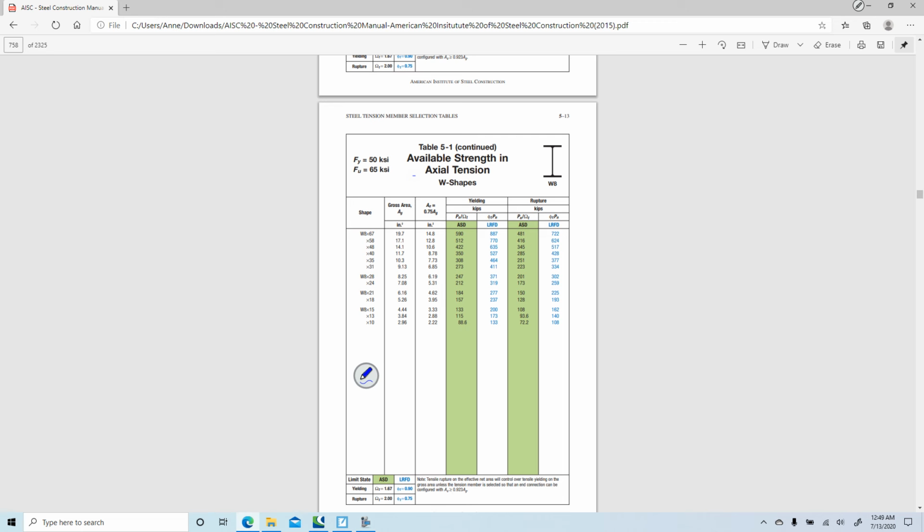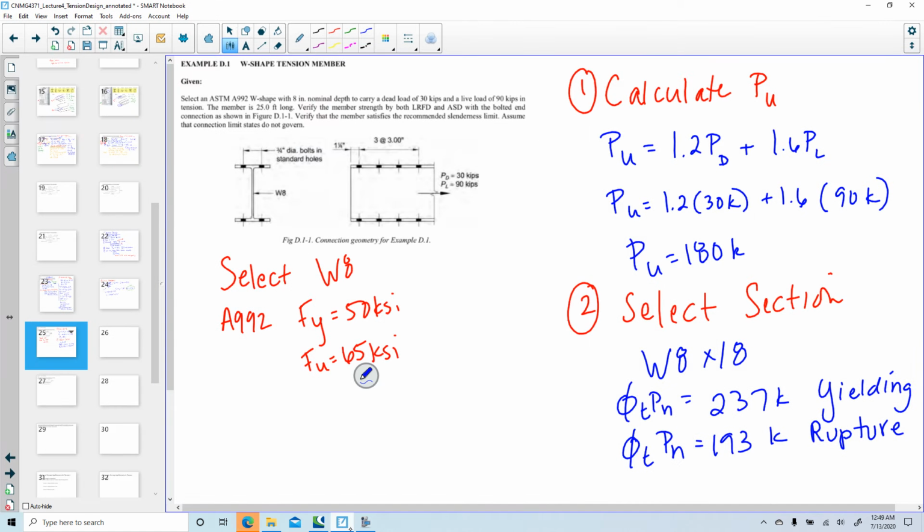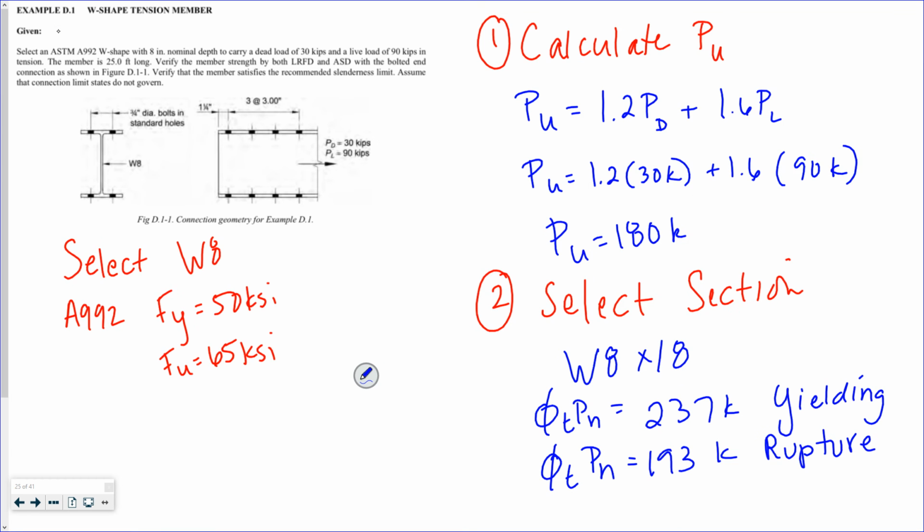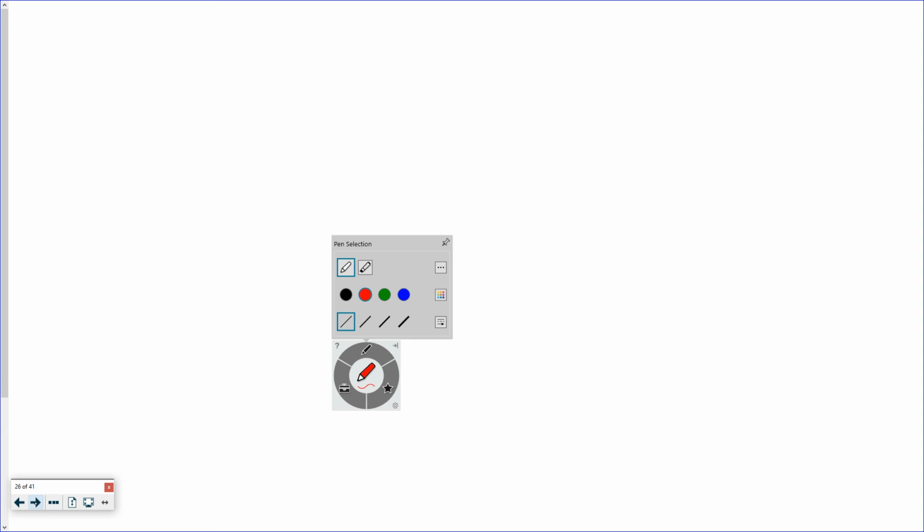Let's see, a gross cross-sectional area of 5.26 and 75% of that is 3.95. So I selected my section, and I'm going to verify that it's actually going to work.